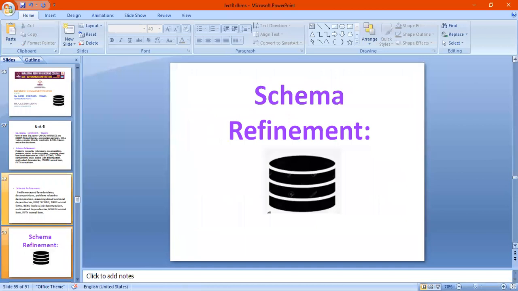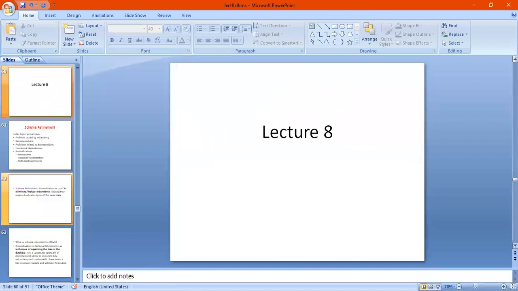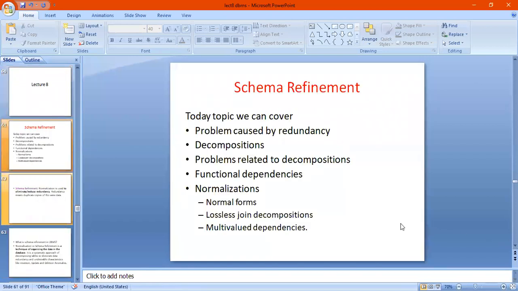So let's see how much we can cover. This is lecture 8. Let's go through problems caused by redundancy, decomposition, functional dependencies, a little bit of normal forms, lossless join decomposition, and multi-valued dependencies.